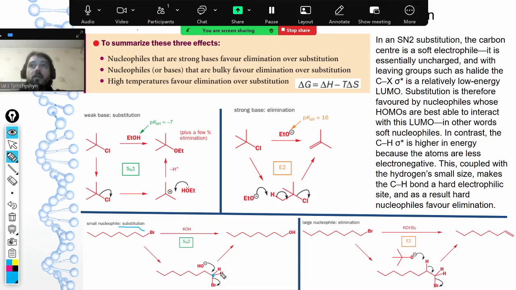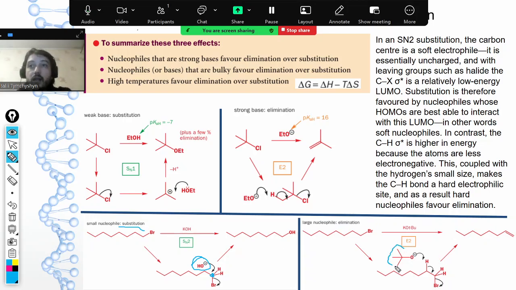So substitution is favored by nucleophiles whose HOMOs are best able to interact with this LUMO, in other words, soft nucleophiles. In contrast, the C-H sigma star is higher in energy, and the atoms are less electronegative, and this makes the C-H bond a hard electrophilic site. So here, in case of a small nucleophile, we can get to this carbon, attach this OH group, and here we have a substitution reaction.